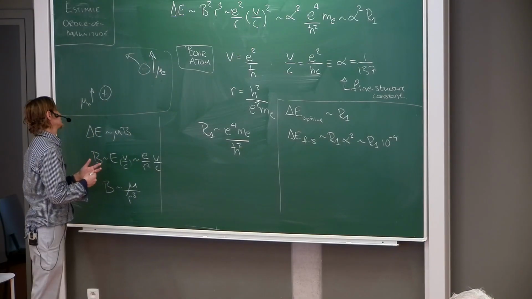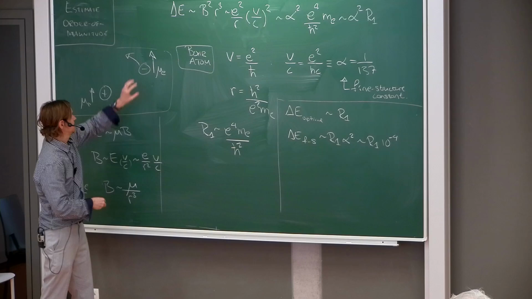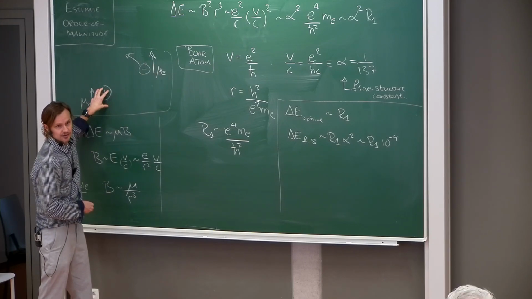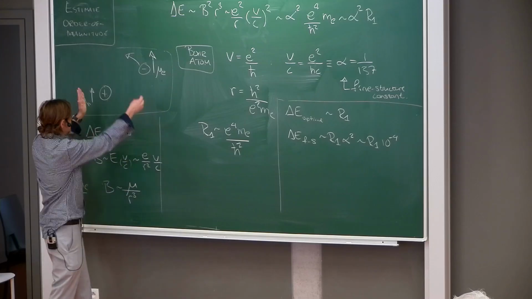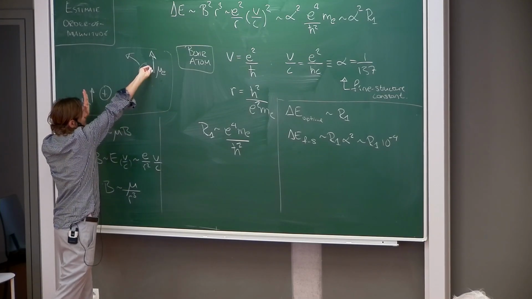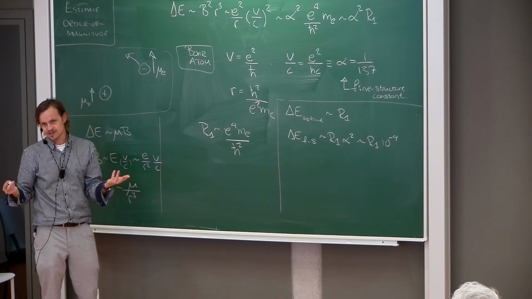But the 21 centimeter line comes from the coupling between the spin of the electron and the spin of the proton, so a spin-spin interaction. Essentially, when they're aligned like this and then the electron flips, you emit a photon of 21 centimeters.